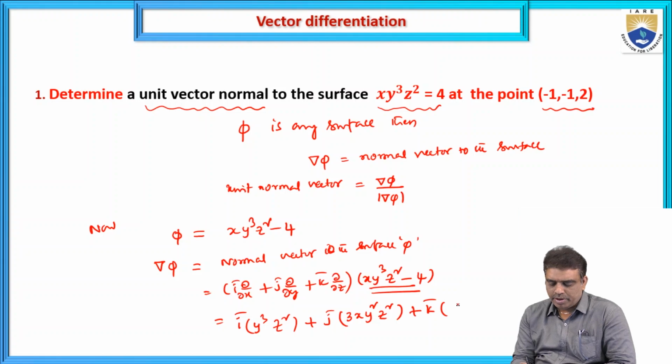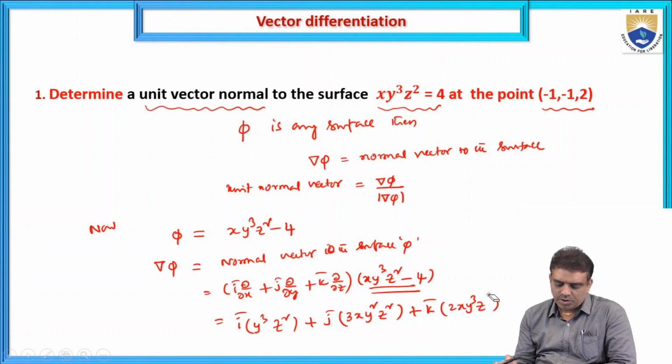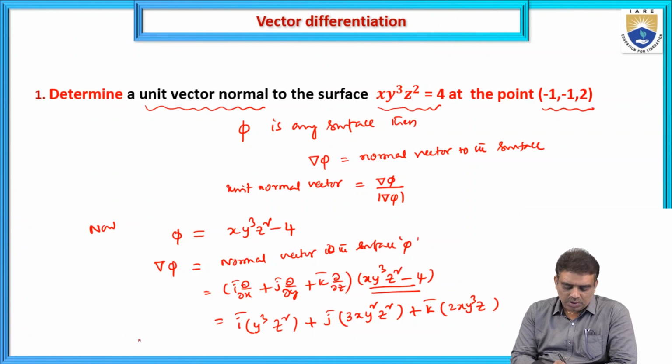Plus k bar into ∂/∂z, that is 2xy³z: x y³ is constant with respect to z, and the derivative of z² is 2z.